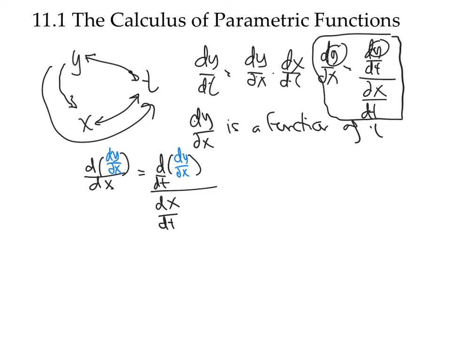So this gives me the formula for the second derivative parametrically, because the first expression is d squared y over dx squared, and the second expression is the derivative with respect to t of dy/dx divided by another dx/dt. So let's look at that.